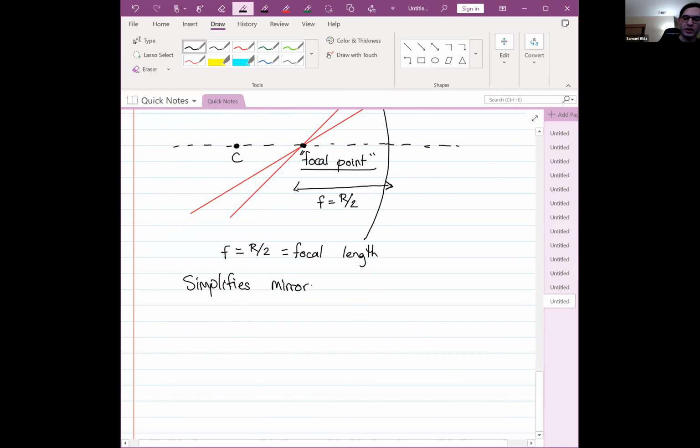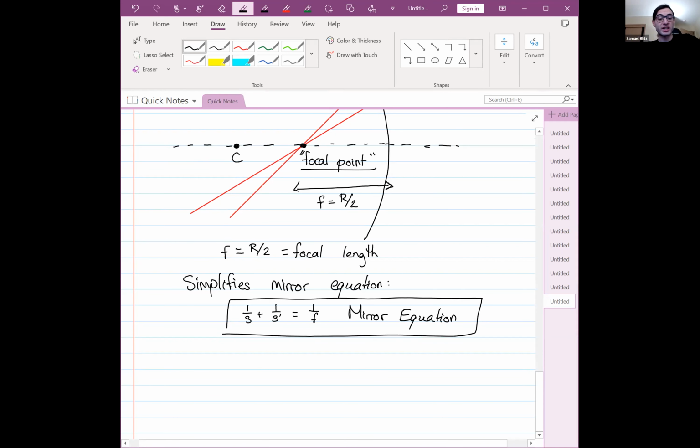And the reason we're using this notion of focal point instead of the center is because every optical device has a focal point. Not every optical device has a center. So it's a useful generalization. It looks like 1 over s plus 1 over s prime equals 1 over f. This is our new version of the mirror equation. They're both still valid. It's just one is written in a different way. It uses a different variable.